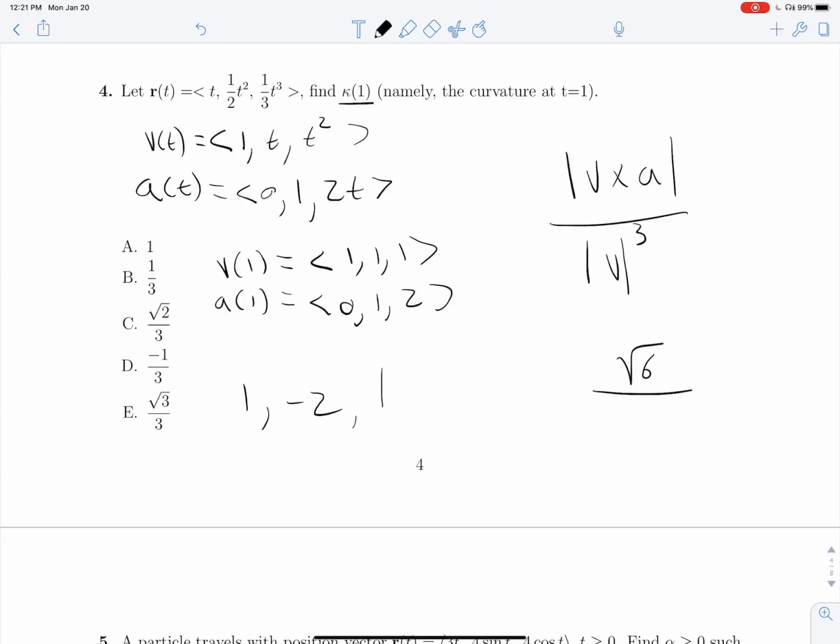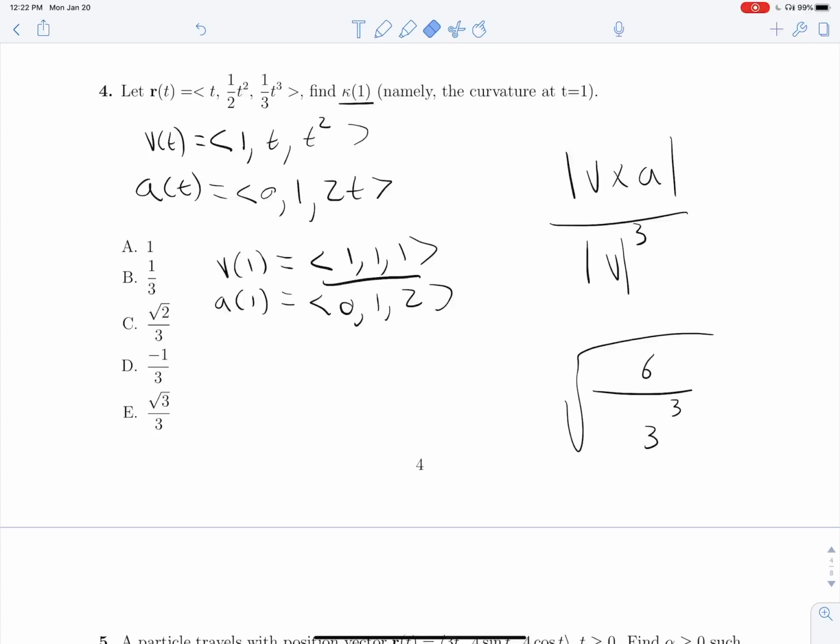And then on the bottom, we're looking for the magnitude of v cubed. Well, the magnitude of v, if v is just 1, 1, 1, is going to be root 3. So we have root 3 cubed up there. So obviously, some simplification is going to have to happen here. In fact, one of these is equivalent to this guy, but we do need to figure out what that is. So first off, let's take this square root and put it around everything over here.